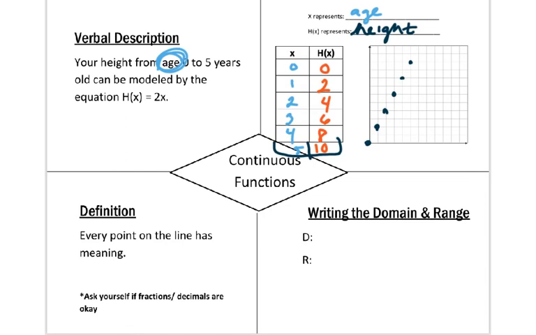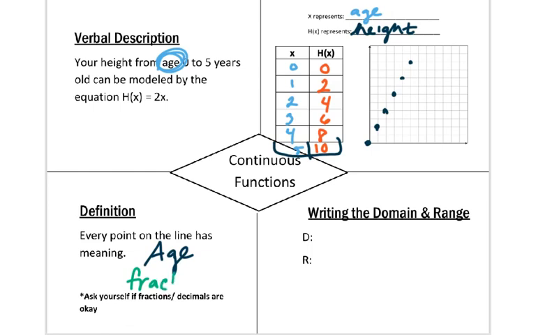So now I need to ask myself, in a continuous graph, it means that every point has a meaning. So this one here is talking about age. If I'm talking about age, is it okay to have fractions?